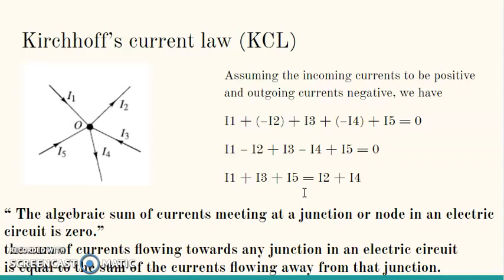In other words, the sum of the currents flowing towards any junction in an electric circuit is equal to the sum of the currents flowing away from that junction. Both have the same meaning.